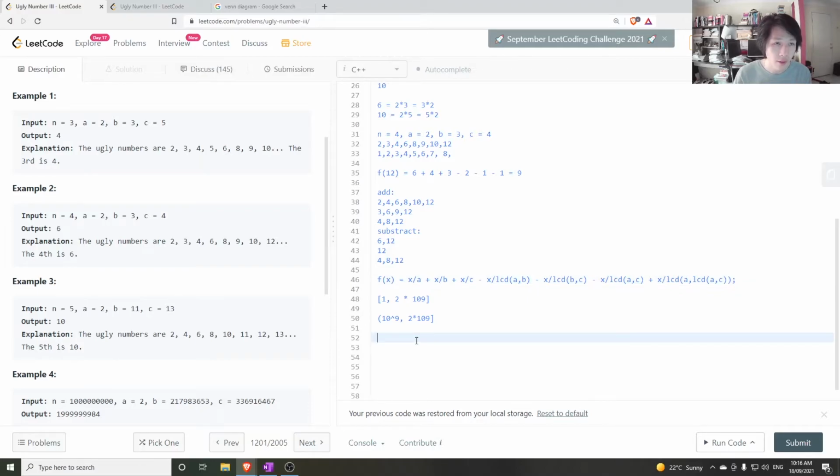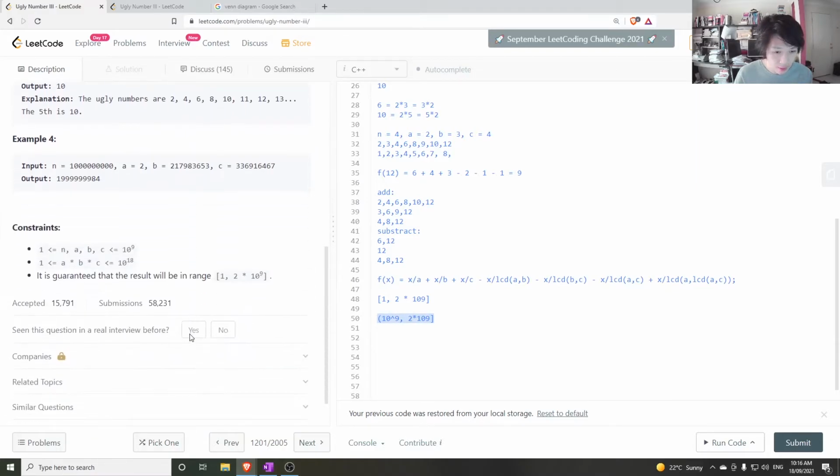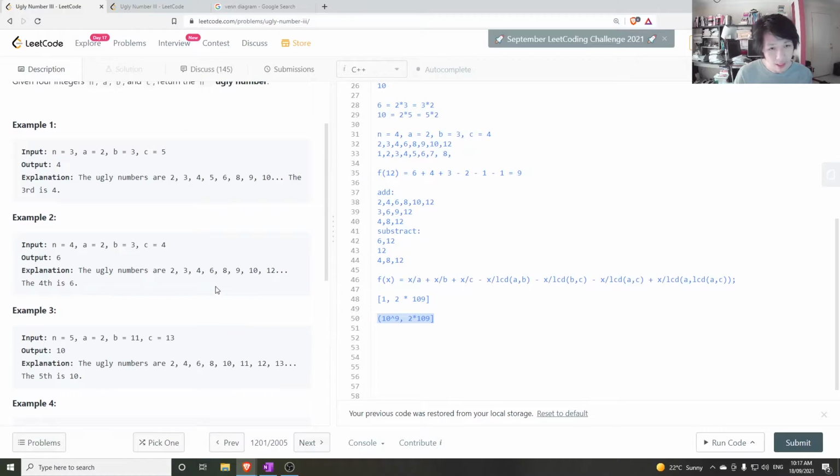So which one out of a certain range within the answer range that have the same number returned by f of x is actually an ugly number? Well, it turns out only one of them within that range is an ugly number, and it's the very first one.